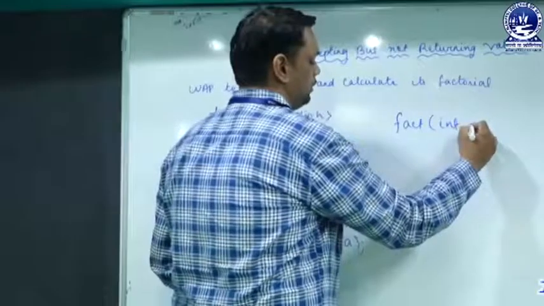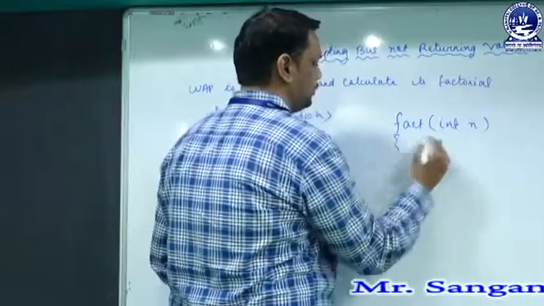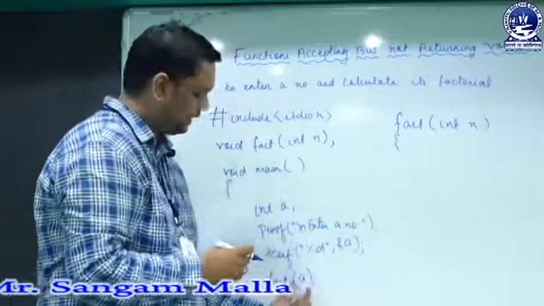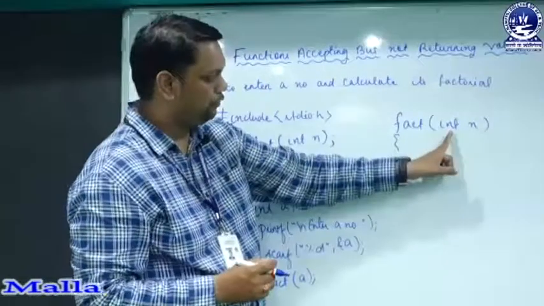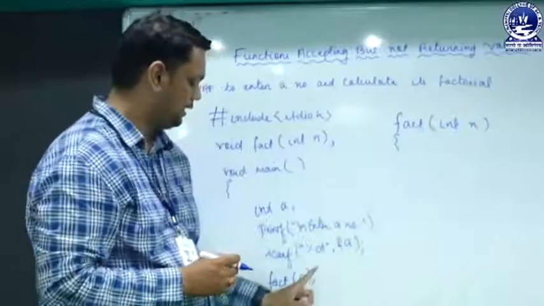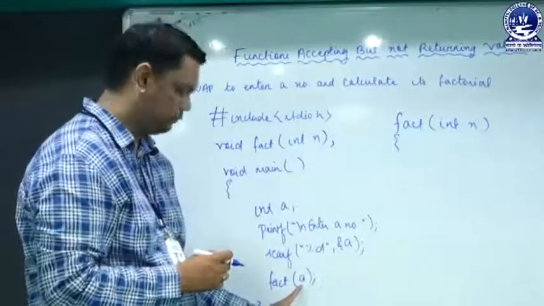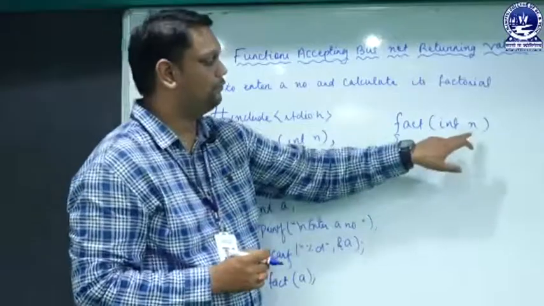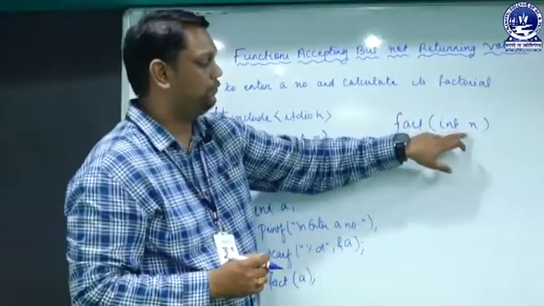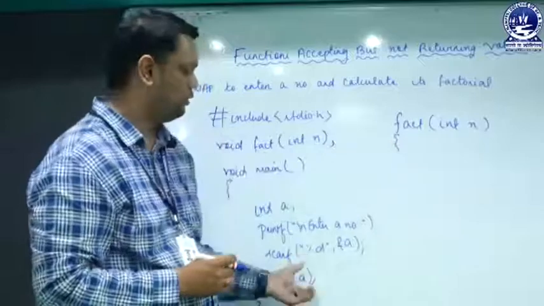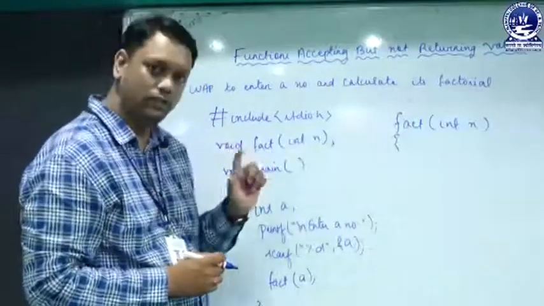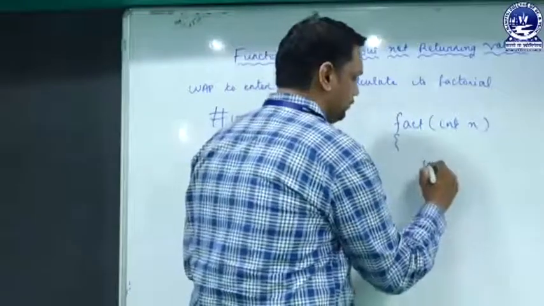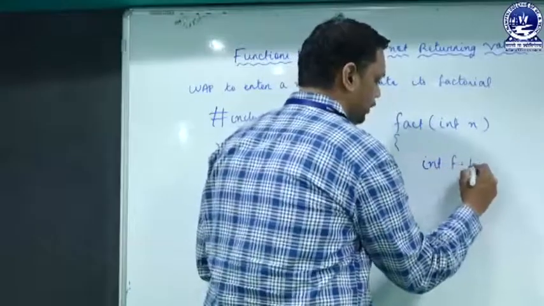Here I will write int n, because n is the variable which will hold the value of a, and the data type of n should be the same as the data type of the variable. The data type of a was int, so I have to take the data type of n as int too, because it will not receive any other type of values. Now I have to calculate the factorial. Let us write int f equal to 1.